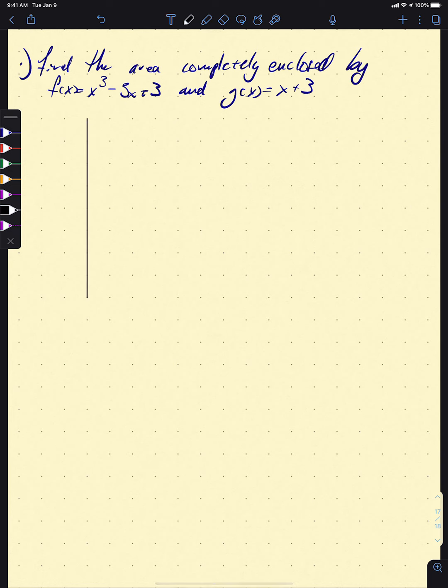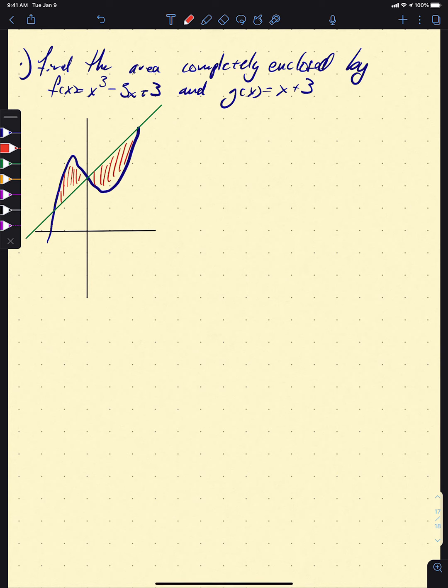I'm going to give you a quick sketch of these graphs. They're going to come out to something like f of x is going to look like that, and g of x is going to look something like that, okay? So then, of course, the area completely enclosed is going to be the sum of these two, okay? And so what that means is we're going to have to do the same process, right?